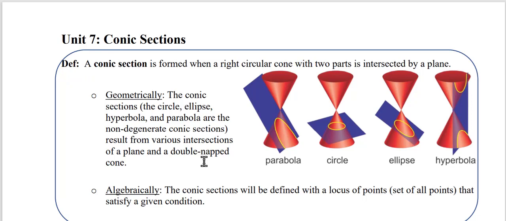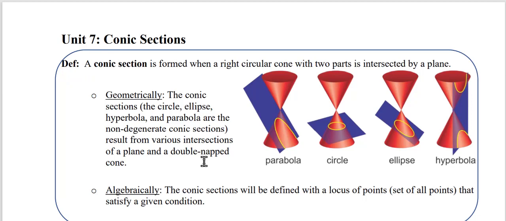If it intersects across one of the cones but not parallel, then you will get an ellipse. And if it's perpendicular to the base of the cone and intersects both of those cones, you will get a hyperbola. Those are our 4 types of conic sections.